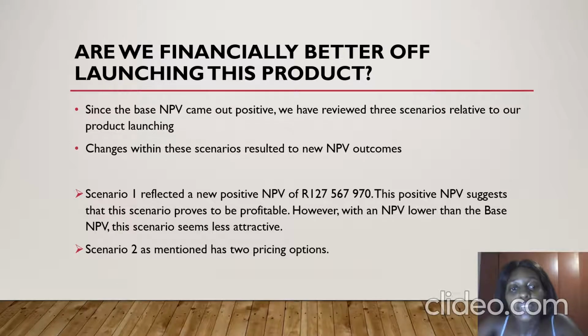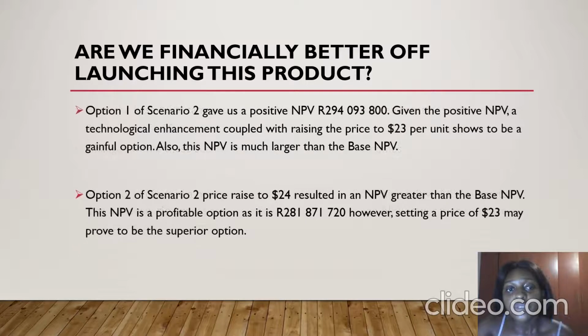Scenario 2 has, as mentioned above, 2 pricing options. Option 1 of scenario 2 gave us a positive NPV of 294,093,800, suggesting that a price rise to $23 is a good and gainful option. Also, this NPV is much larger than the base NPV, which is good.